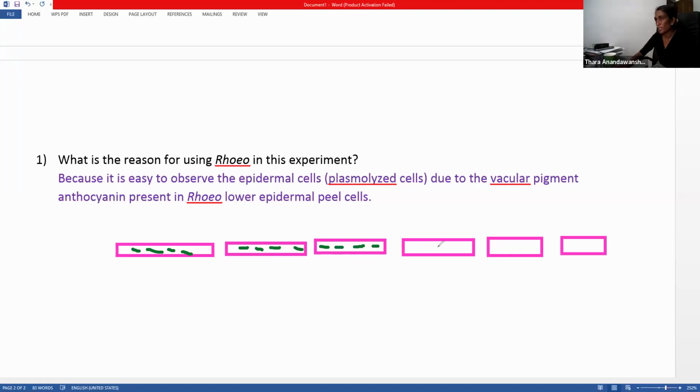Now my question is, why are you closing the lid of the Petri dish? Write down that question, everyone. What is the reason for closing the lid of the Petri dish?